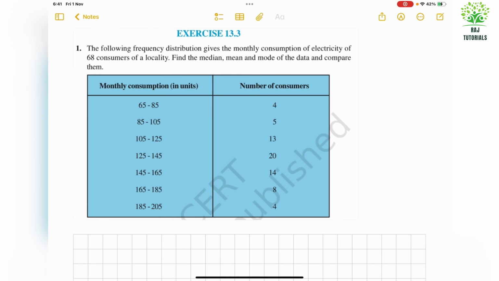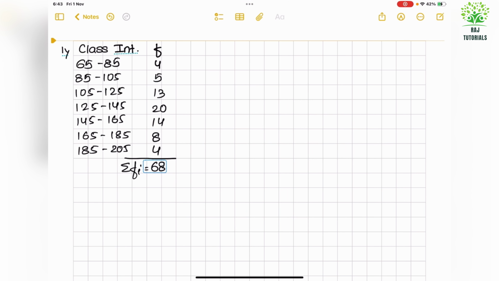Now exercise 13.3, first question says the following frequency distribution gives the monthly consumption of electricity of 68 consumers of a locality. Find the median, mean and mode of the data and compare them. So all three he has asked me, so let us do one by one.